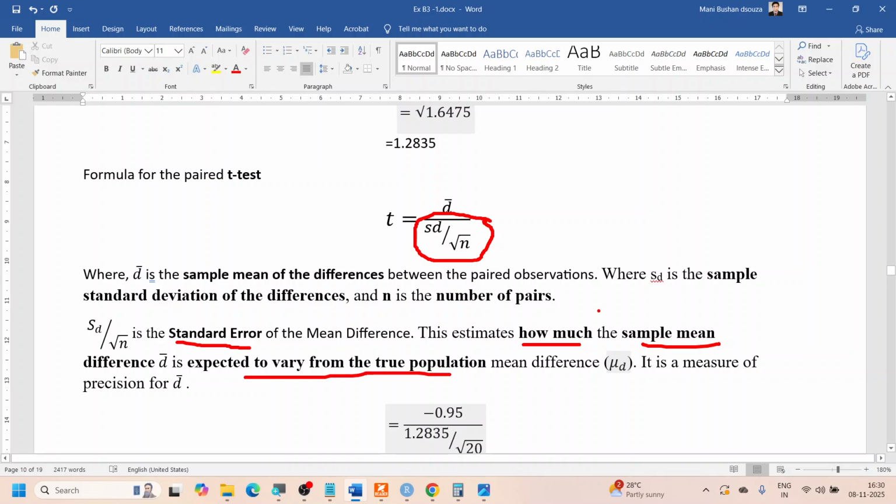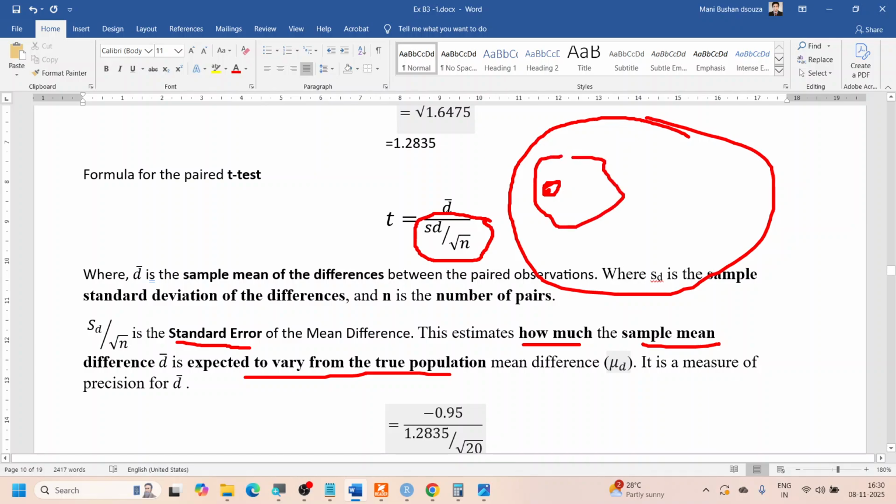from the true population. Remember, we have taken a sample of 20 students, but there are many other students. We have just taken only 20 students here. Now this estimate is going to give you how much difference there is between the deviation here and the original full population outside, which contains many values.